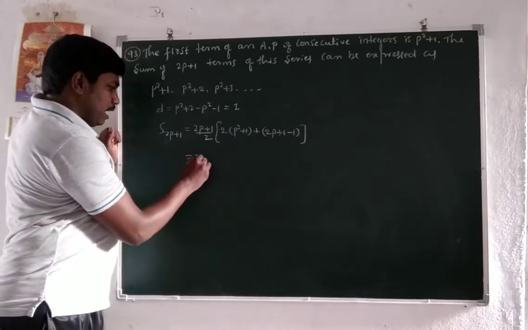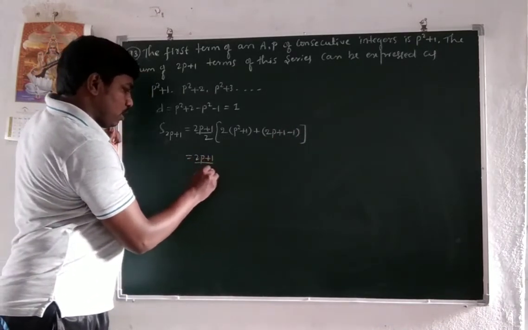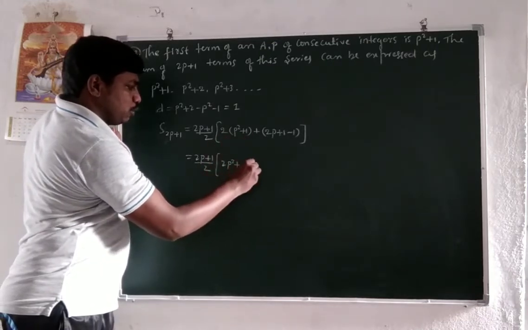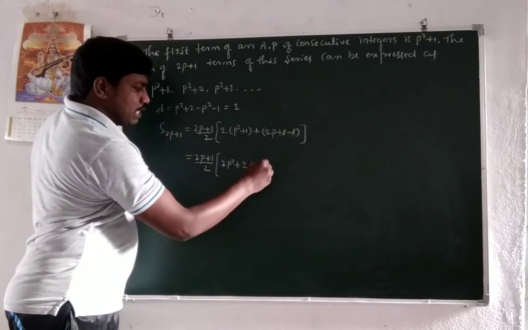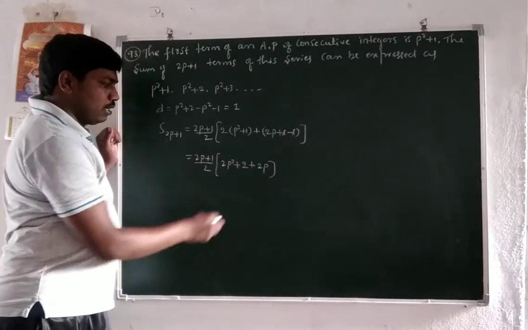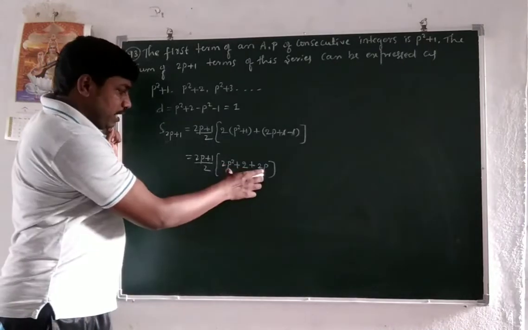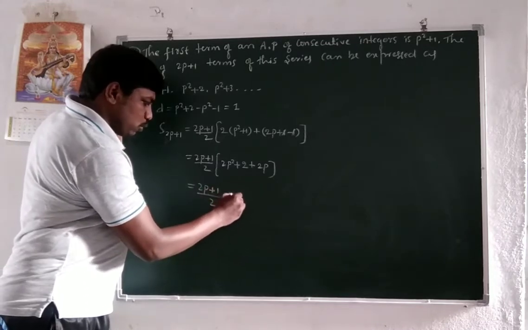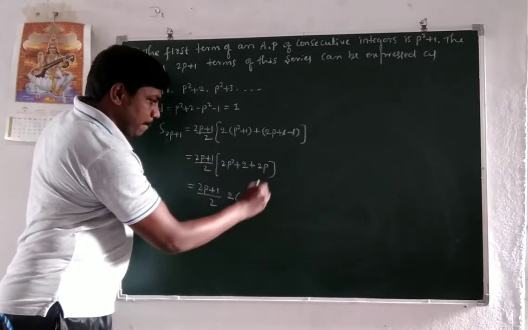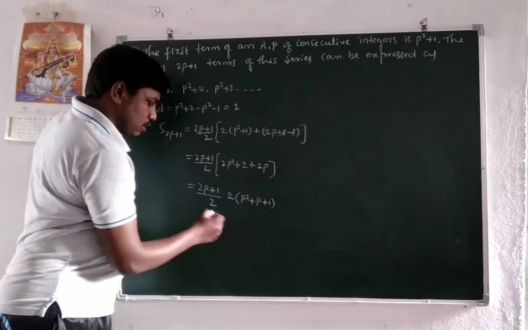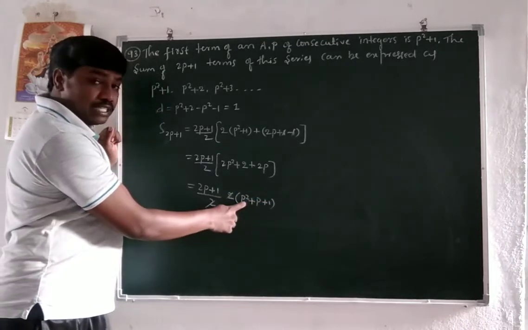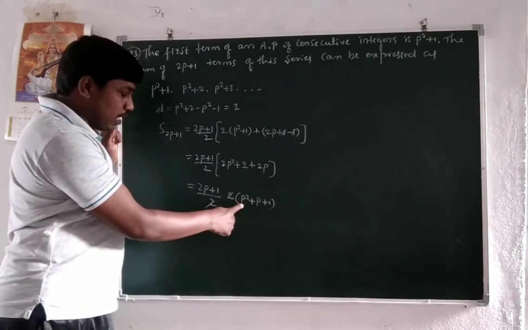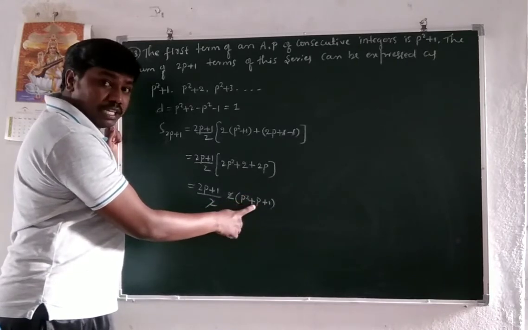So 2p plus 1 upon 2 into 2p square plus 2, plus 1 minus 1 gets cancelled, plus 2p. 2 is the common factor. So 2p plus 1 upon 2, with 2 common, p square plus p plus 1. So 2 gets cancelled.